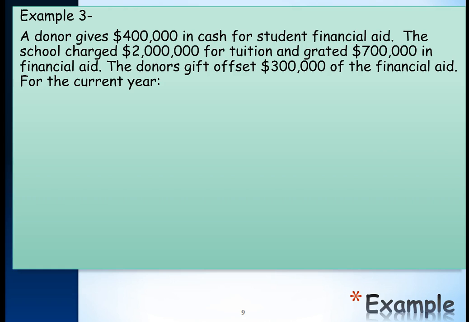Okay, a donor gives $400,000 in cash for student financial aid. The school charged $2 million for tuition and granted $700,000 in financial aid. The donor's gift offset $300,000 of the financial aid for the current year. So in this case, when we look at this, we know that we have $400,000 in temporarily restricted cash.